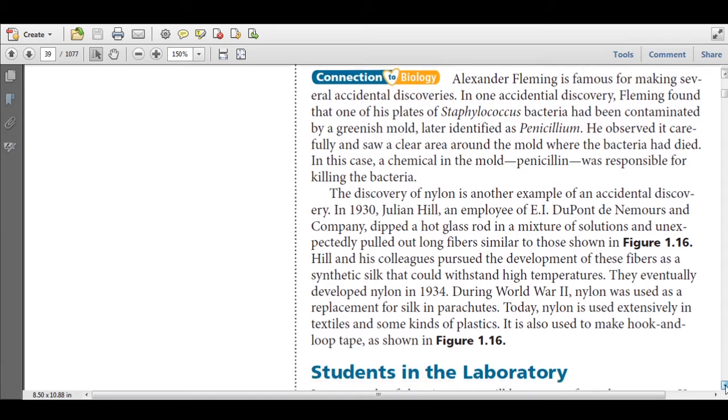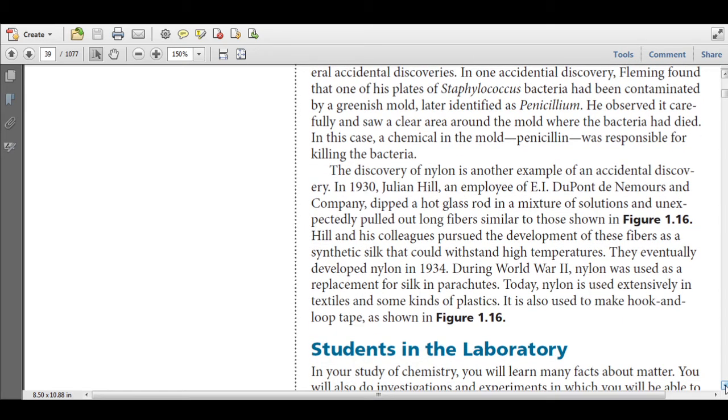The discovery of nylon is another example of an accidental discovery. In 1930, Julian Hill, an employee of DuPont, dipped a hot glass rod in a mixture of solution and unexpectedly pulled out long fibers similar to those in figure 1.16.